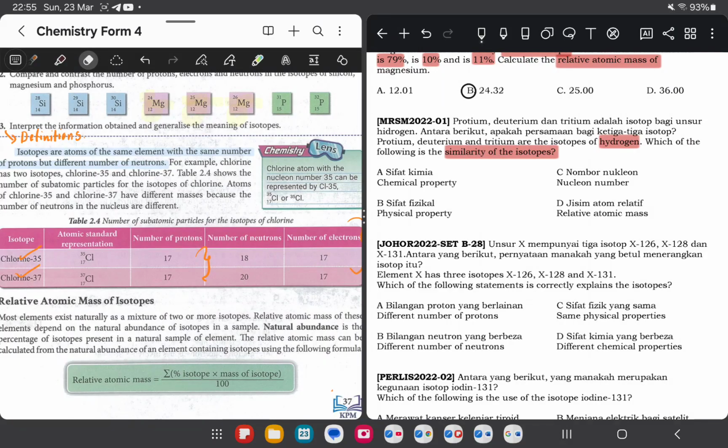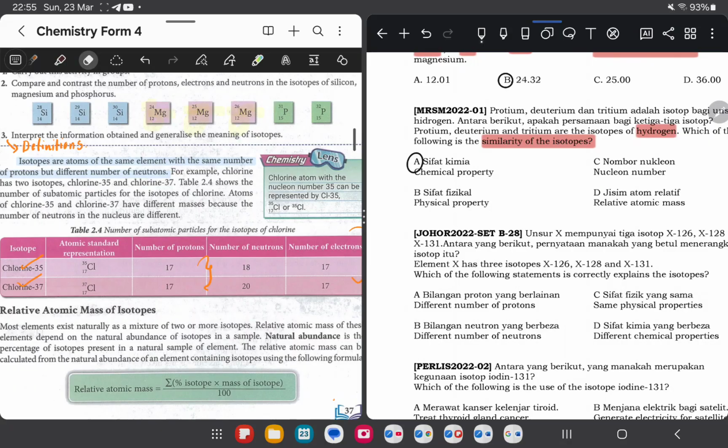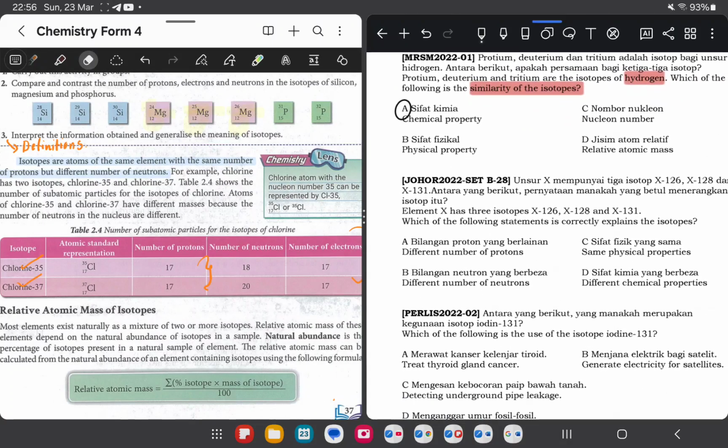So they are the same in terms of chemical properties. Chemical properties for isotopes are always the same. Remember, for isotopes, apart from the proton number, the same thing is chemical properties, but they are different in terms of physical properties and also number of neutrons. Don't say nuclear number. Then we go to the next question.